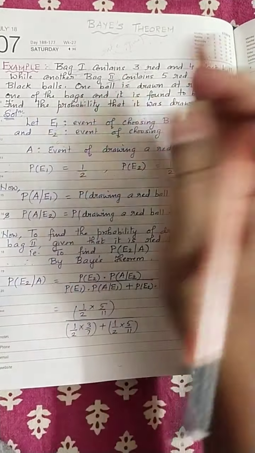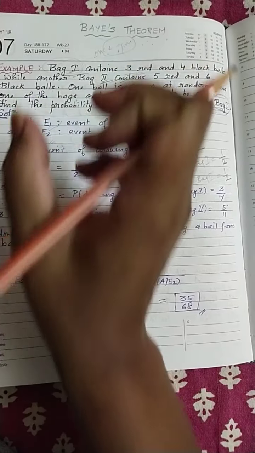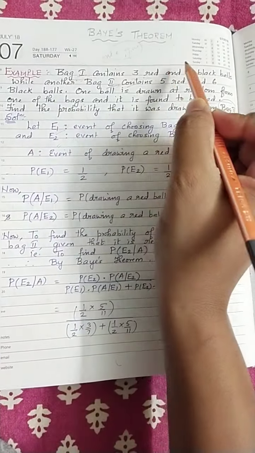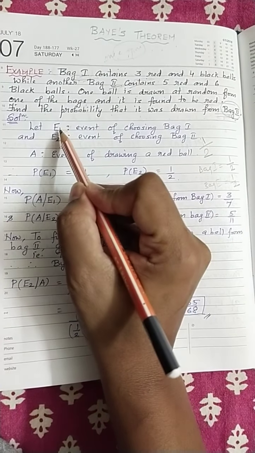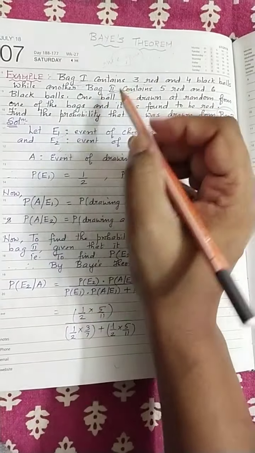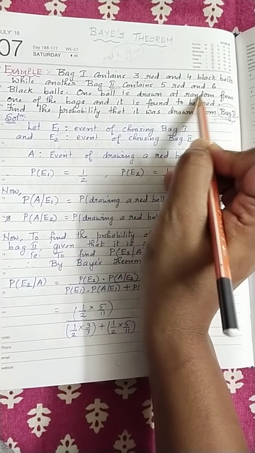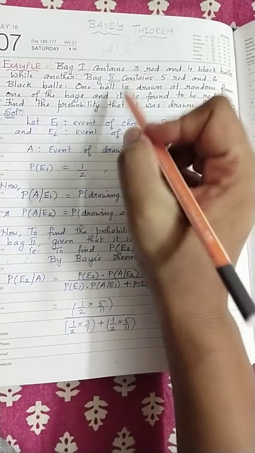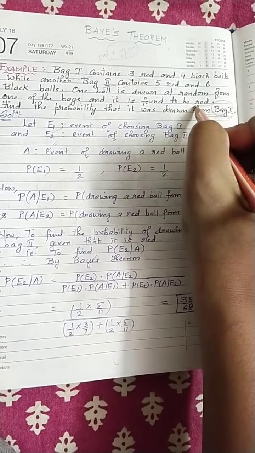Which bag you are choosing, its probability you have to find first. So bag 1 and bag 2 you assume as event 1 and event 2, that is E1 and E2. Next, one ball is drawn at random from one of the bags. We don't know from which bag it is drawn, and the color is found to be red.